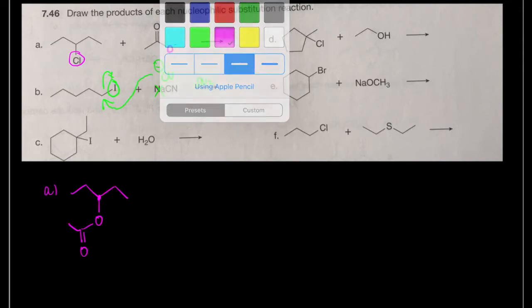And what you get as a product is going to be, sketch out all those carbons, okay, and make sure you understand which carbon is now going to be bonded to the nitrile, okay. So that's a carbon-carbon bond forming reaction.